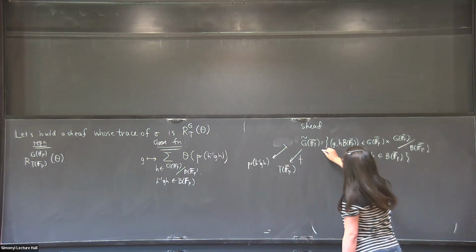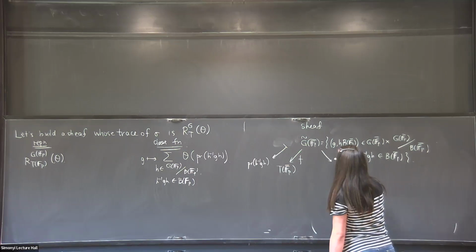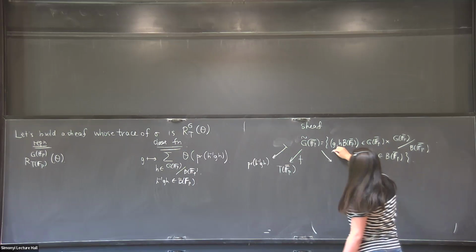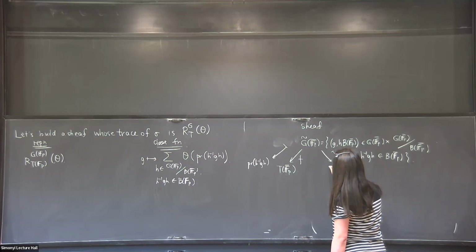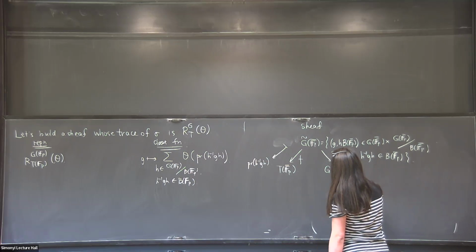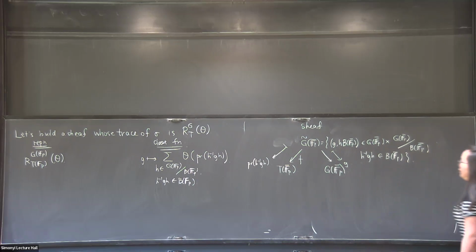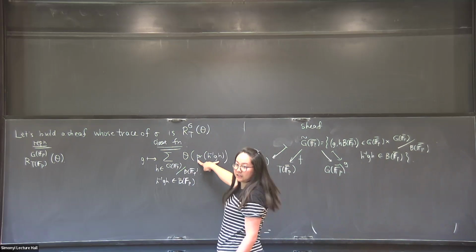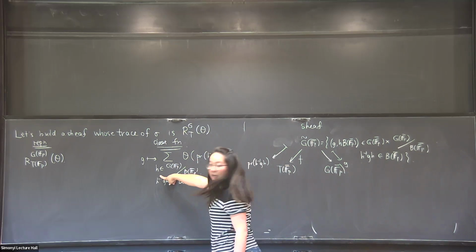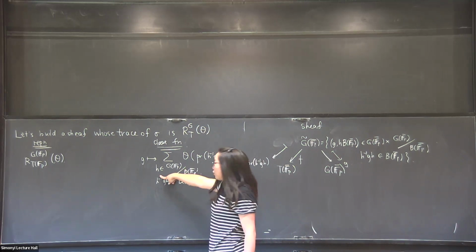But there's another thing that I can do. The other thing I can do is simply only remember the G. So only remember the G. This gives me a map to G of FP. So what I told you is that this thing is a pullback, and this thing is a push forward.